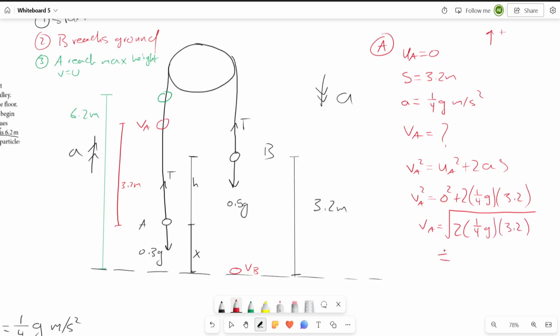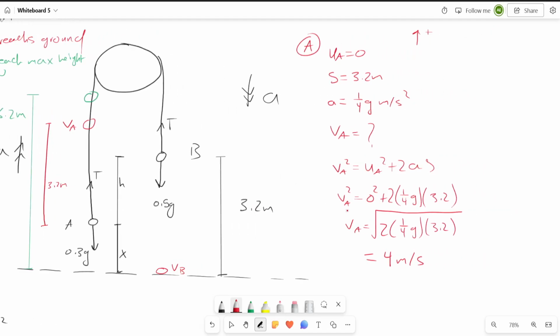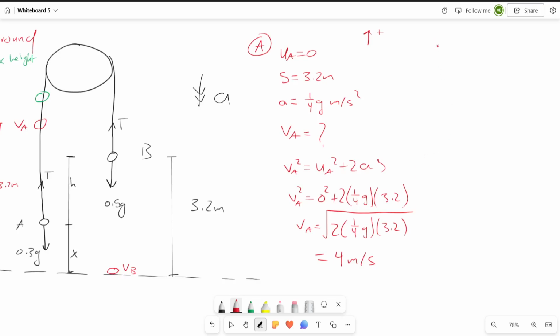This is going to give me a VA of the square root of 2 times 1 over 4 times 9.8 times 3.2, which is around 4 meters per second. This is VA, and it's supposed to equal VB, because let's do the same for B, taking down as positive.